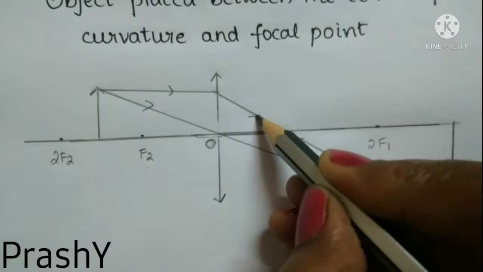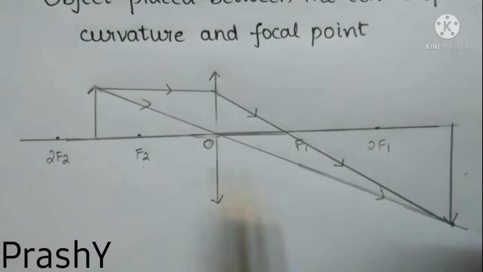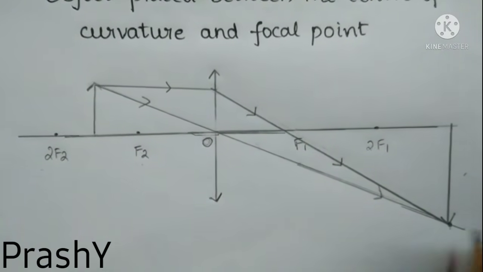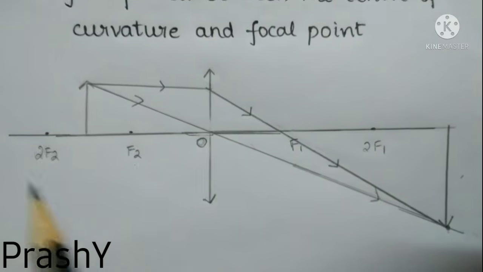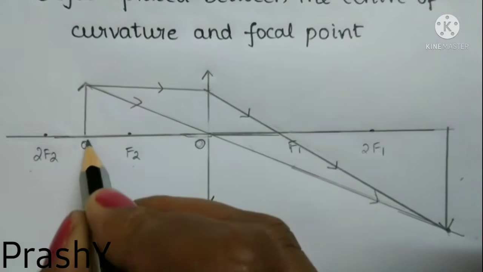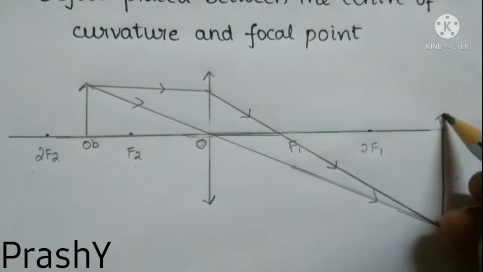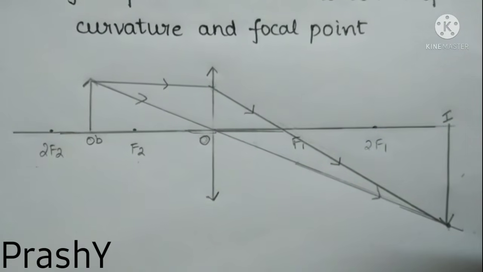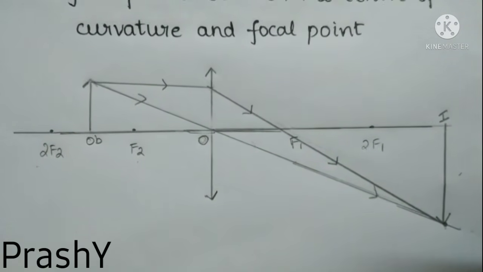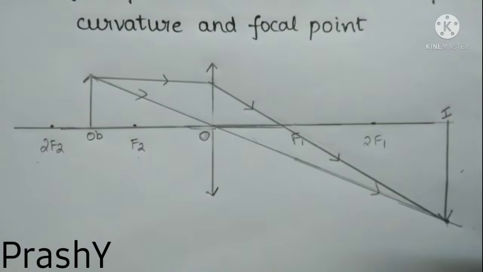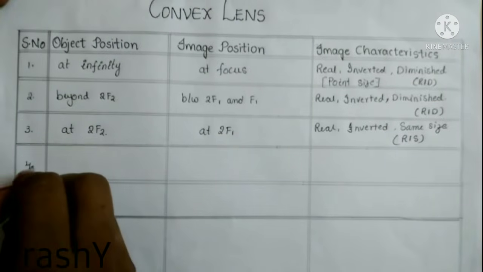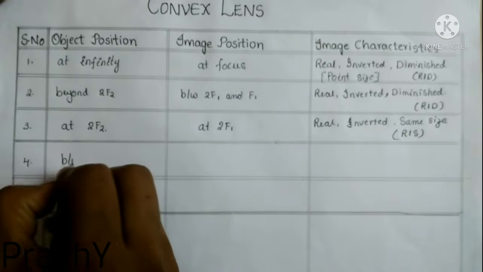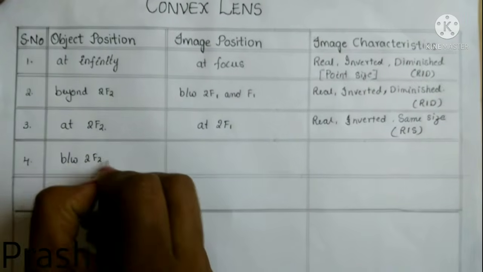Beyond 2F1. And here if you see the image size is greater than the object size. Okay, so this is my object and this is my image. So the lens we used here is a convex lens. So for convex lens, fourth one, object is placed between 2F2 and F2.